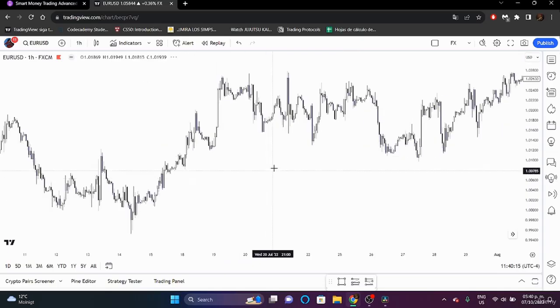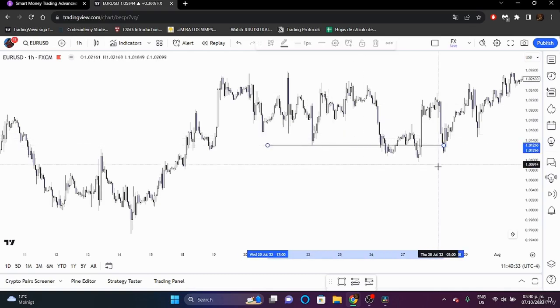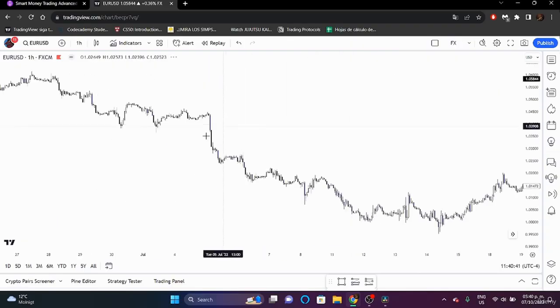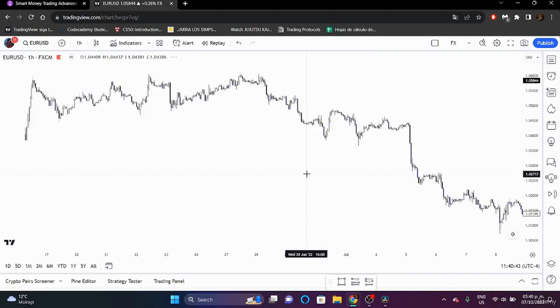And I don't use breaker blocks because in a range, if you're trying to short where the movement started, what is likely to happen? Let's say this was your breaker block. What happens as soon as you try to short? It immediately goes the other way. Same thing here. You try to short, it immediately goes the other way. You need to understand when to use something and when not to, and I will teach it to you later, so no worries.